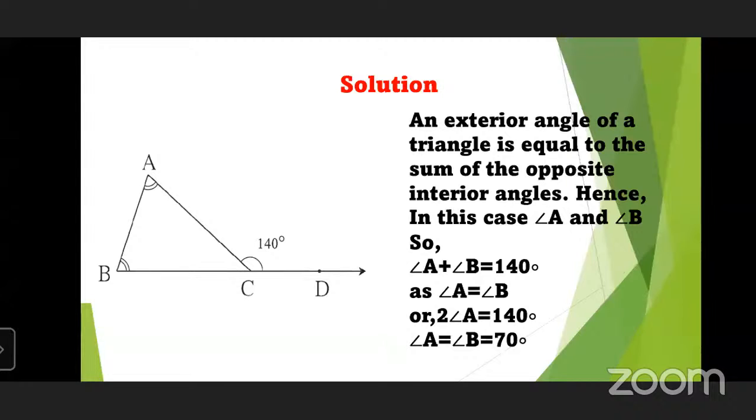Hence, in this case, angle A plus angle B is equal to 140 degrees. As angle A is equal to angle B, 2 angle A is equal to 140. So we divide 140 by 2, as there are two angles, angle A and angle B. So we will get angle A as well as angle B is 70 degrees.